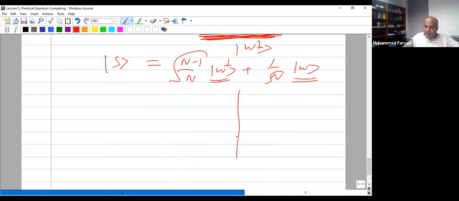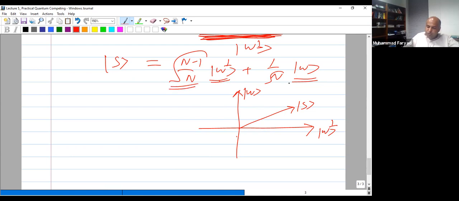And if you like, you can visualize this in an imaginary plane that is spanned by the vector W perpendicular and the vector W, and your state S lies somewhere over here. And by the way, I can see right away that this square and this square add to 1. You can check. So it means I can represent them using some cosine and sine functions.